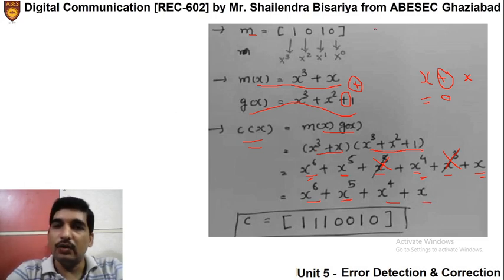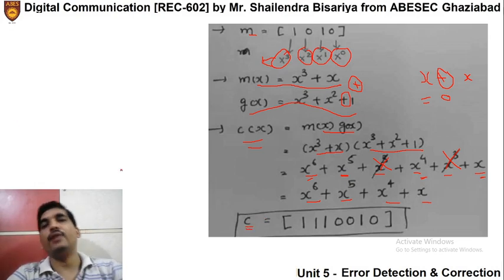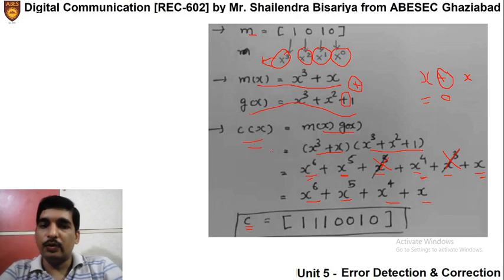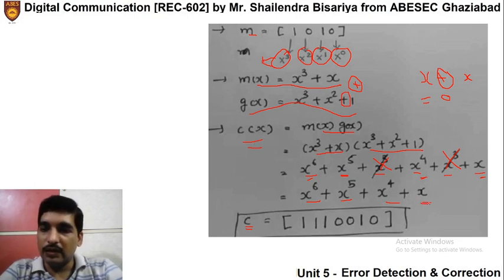And now we know how we represent it. x0 is the first bit, x1 is the second bit, x2 is the third bit, x3 is the fourth bit, and so on, right? So we can write the code word C. x is x to the power 1, so the first bit is 0, and x to the power 1 means this bit, right?